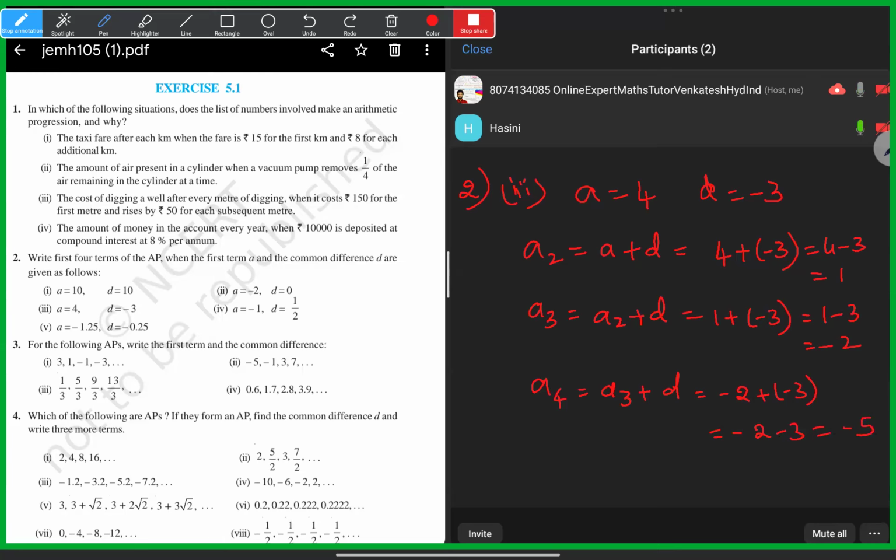Similarly, one more we'll find out, A5. A5 is nothing but A4 plus common difference, which is -5 plus -3. So -5 plus of -3 is -5 minus 3, which is -8.